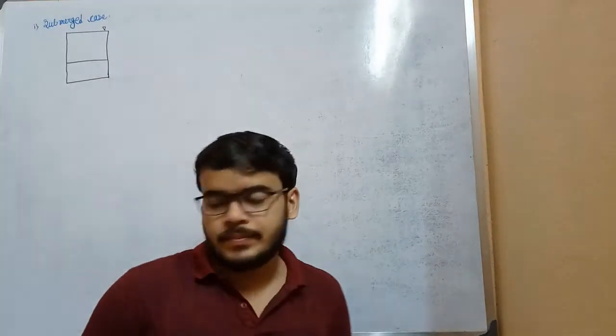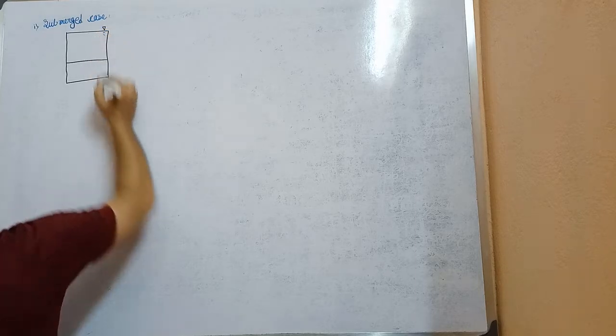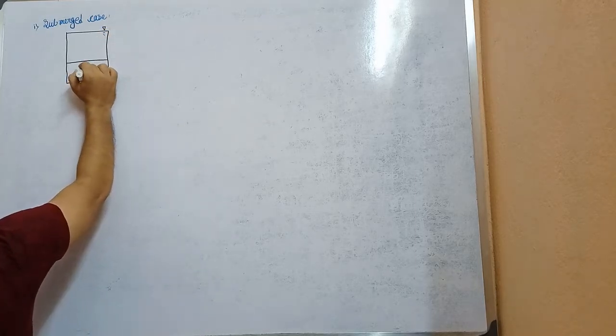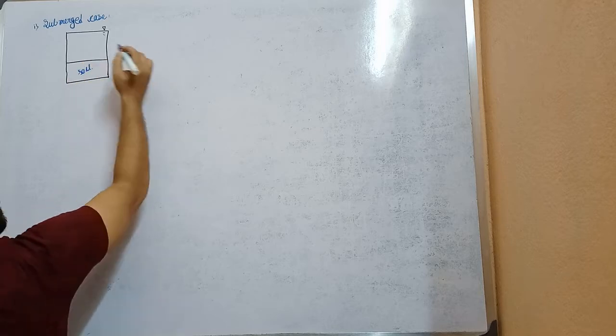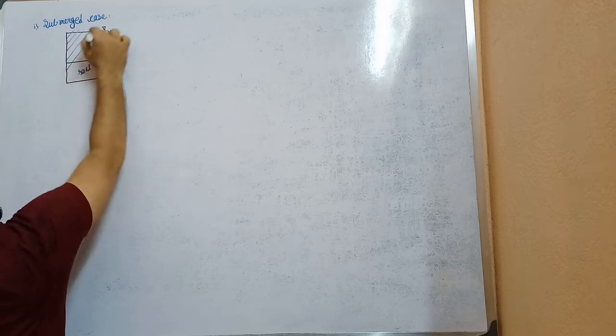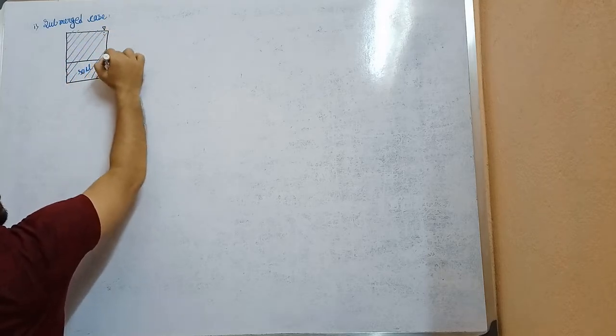Now we will take an example, that is, the submerged case. That means the water table is present at this point, and here is soil. This is soil, and the full amount of this is covered by water. Okay.